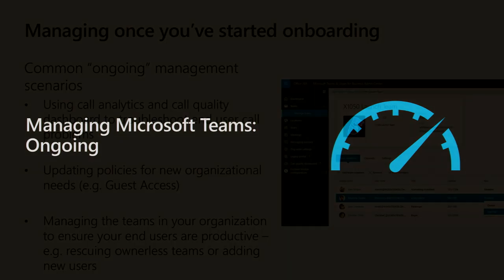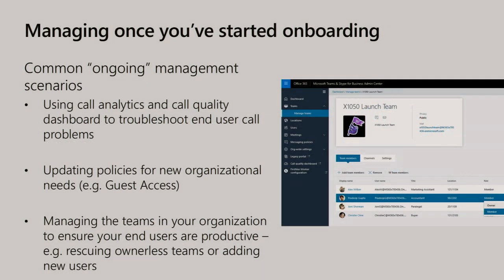From an ongoing perspective, I know we're running a little bit short on time, so I just want to call out these are some of the things that you may encounter as you go into business as usual in your organization for Teams. Being able to troubleshoot some of the calls with call analytics and quality dashboards. Organizations are very fluid and they evolve, so you may have to revisit some of the initial policies that you had set up. So for example, initially maybe guest access wasn't a need or wasn't important enough for you.